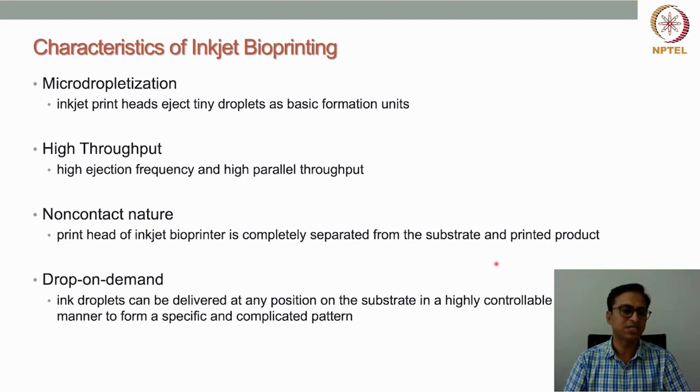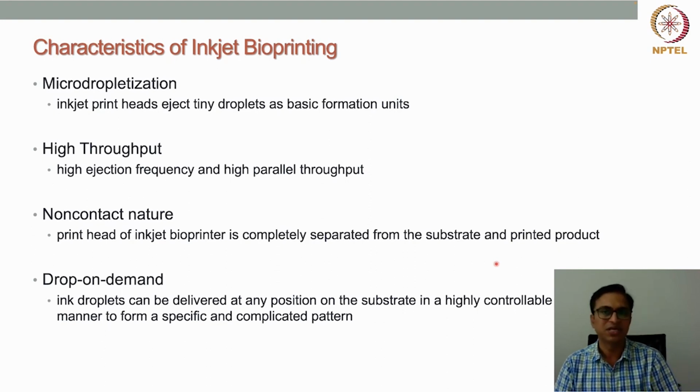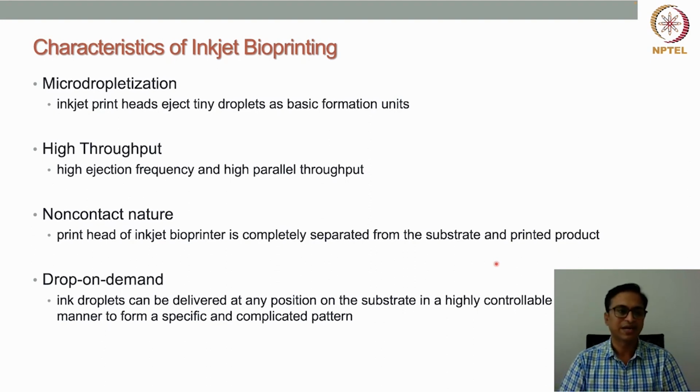So that non-contact nature is a very good advantage for various applications. That's why this technology is very popular for certain applications. The other thing is drop on demand. As we have seen, whenever a droplet is required, only at that time are the drops generated. So drop on demand is a very important characteristic of this bioprinting technology. The remaining things we'll see in the next session. Thank you very much.